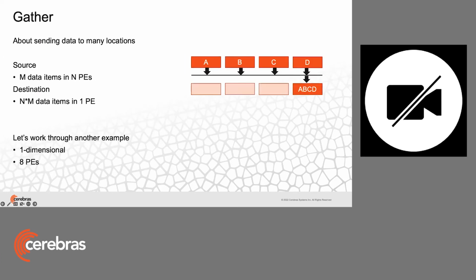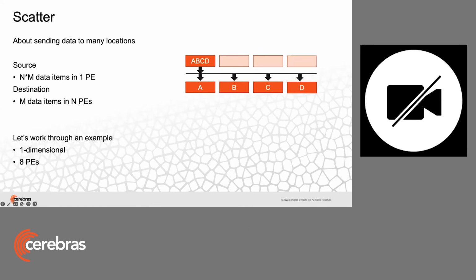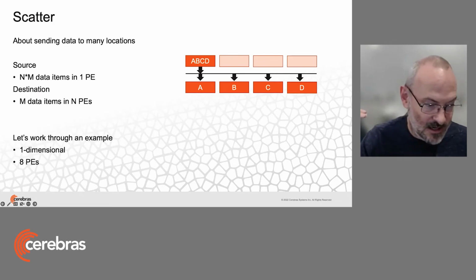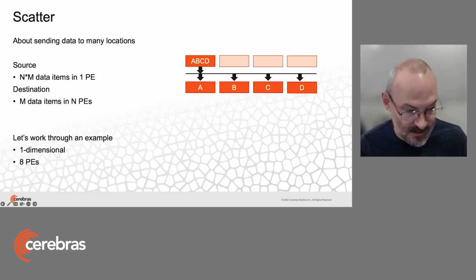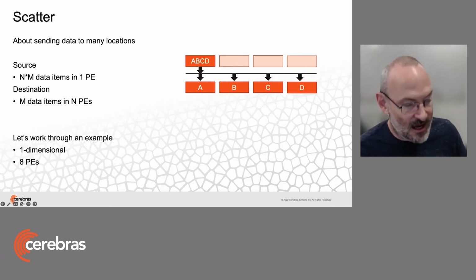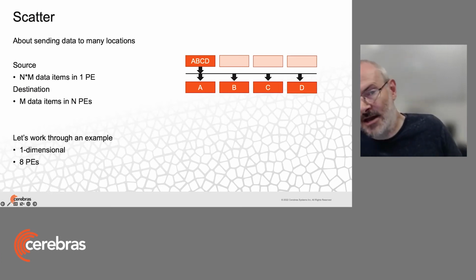We have a question. It says, can you say something about performance, theoretical versus sustained? It's a good question. I don't have in front of me the actual performance numbers of the library as it stands right now. I know that considerable work was put into it to make it as performant as we could squeeze.